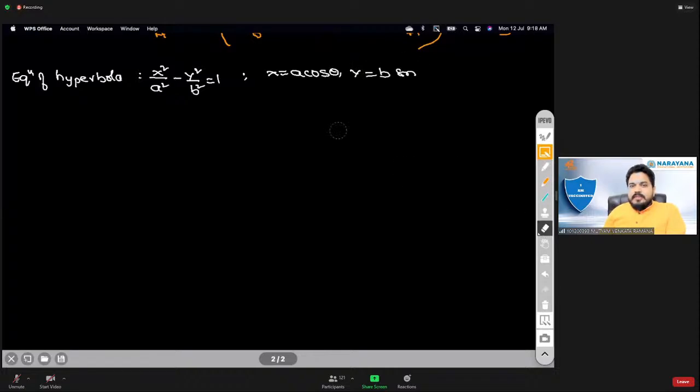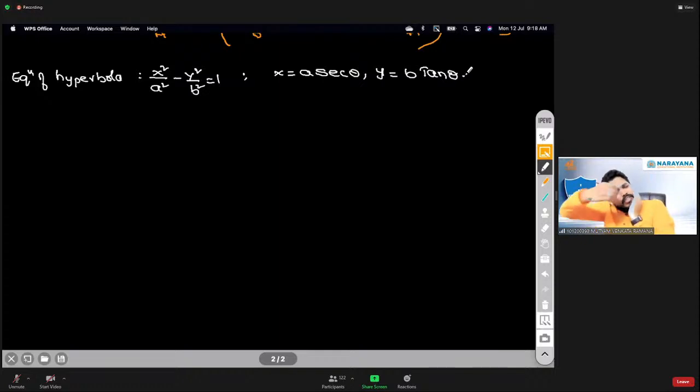No, sorry, I'm still in the ellipse mode. x is equal to a secant theta, y is equal to b tan theta. This is the parameter; you write any theta value. x square is equal to a square secant square theta, y square is equal to b square tan square theta. So x square by a square minus y square by b square is always equal to 1, for any theta value.